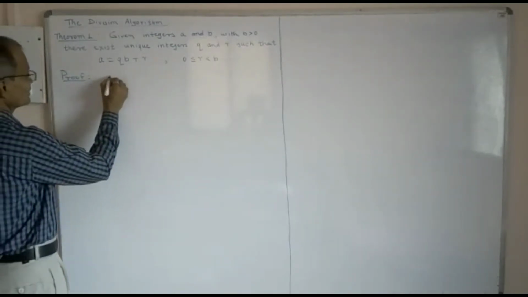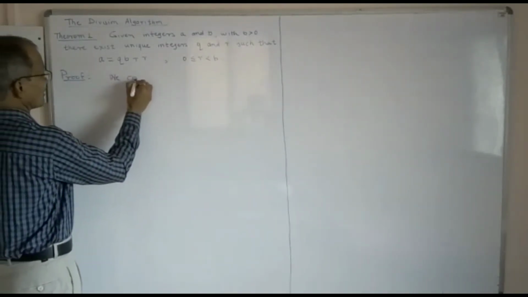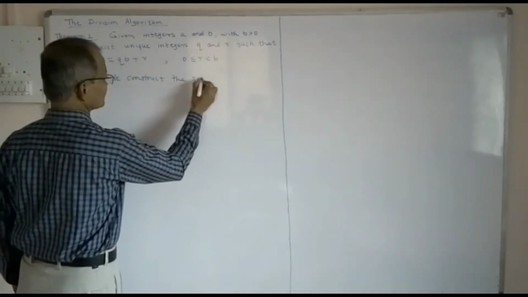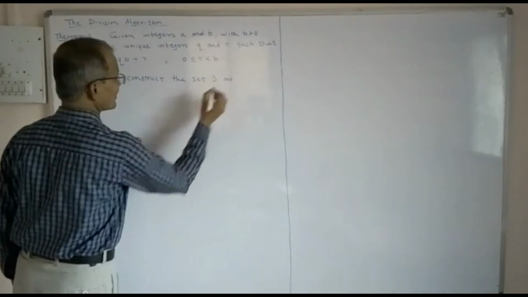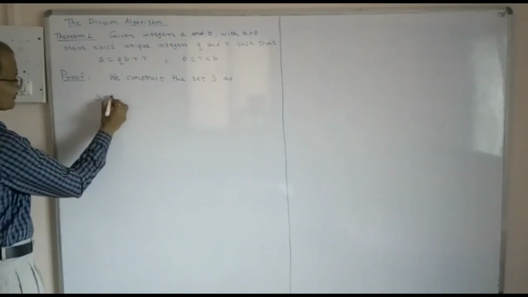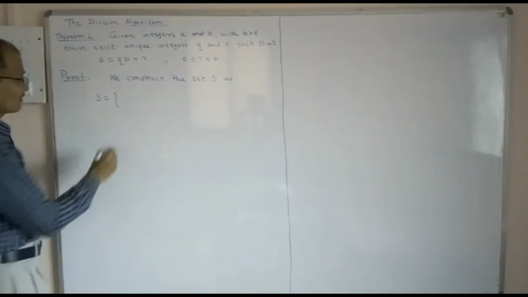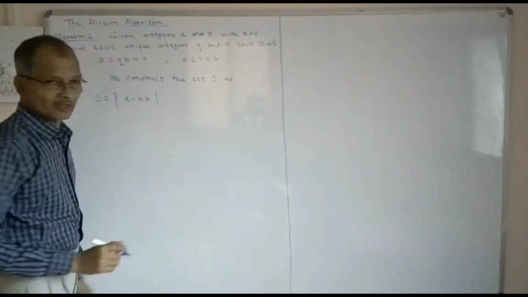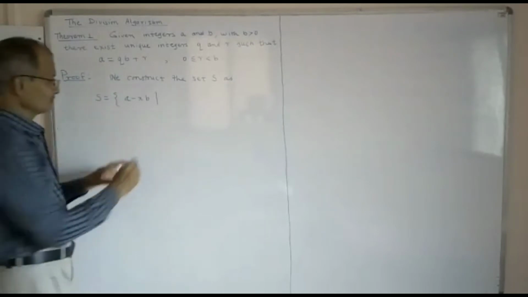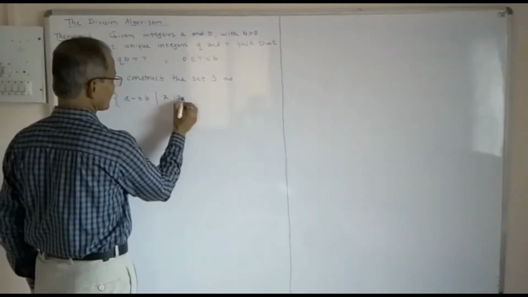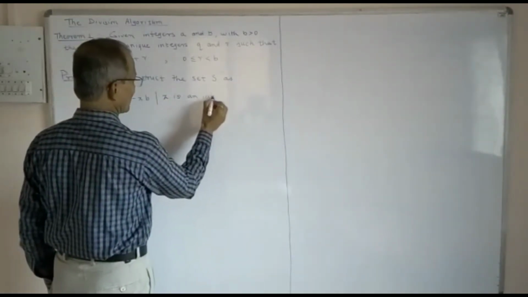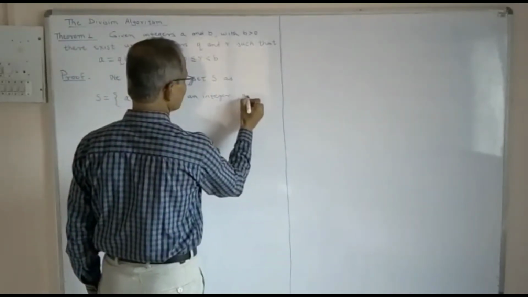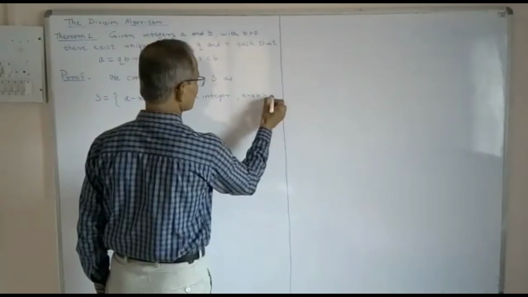We construct the set S as the set having numbers in the form a minus xb such that x is an integer and a minus xb is greater than or equal to 0.